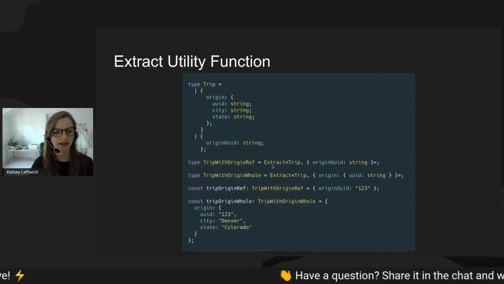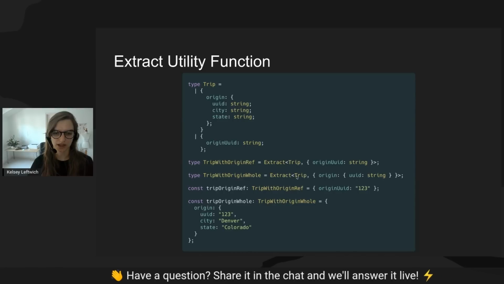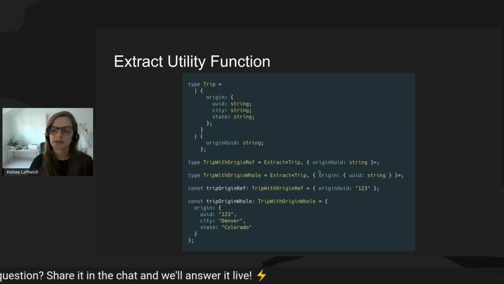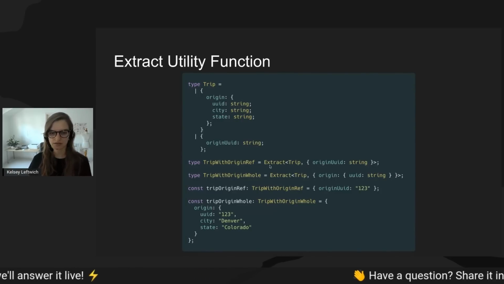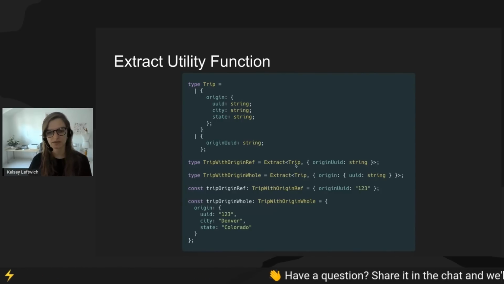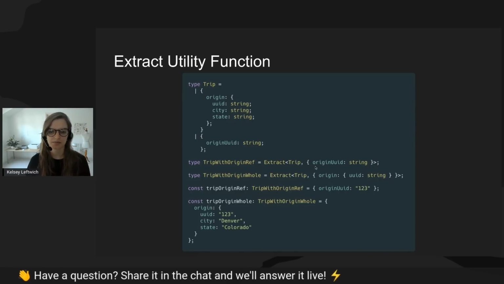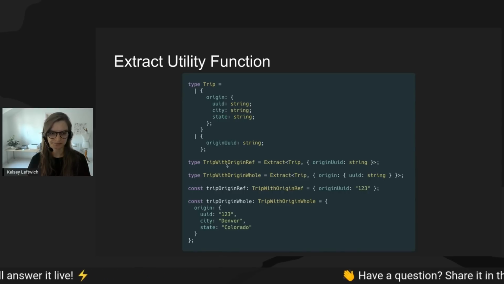With Extract, you first pass in a type that you want to extract from, so I've passed in Trip for both of these examples. Then you pass in what you want to match on. Extract accepts a union type, and I want to extract a type that matches this pattern: an object that has an origin UUID that's a string.